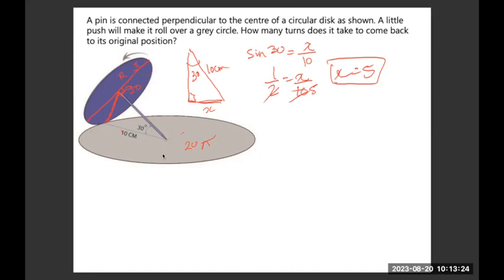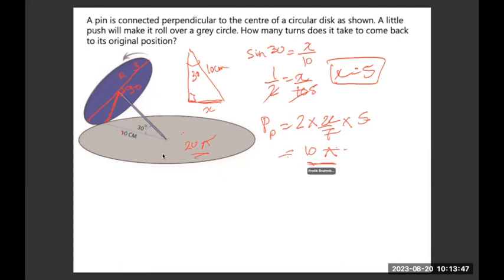I'll just show the perimeter of purple. I'm writing PP. It will be 2 into 22 by 7 into 5. When I solve this further, I'll just say 10 pi. So this is 10 pi and this is 20 pi.